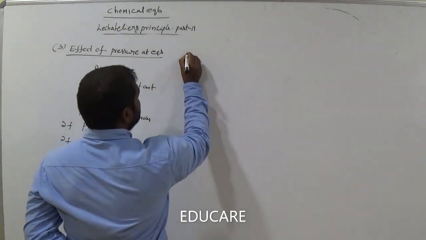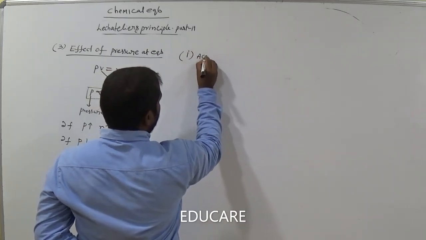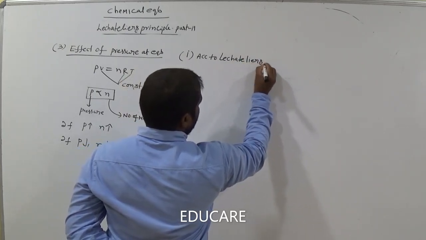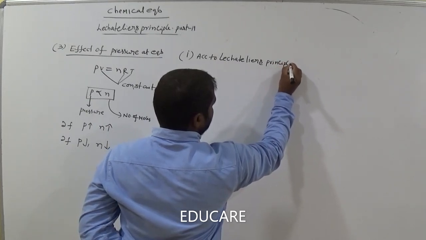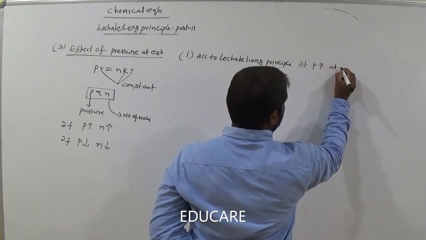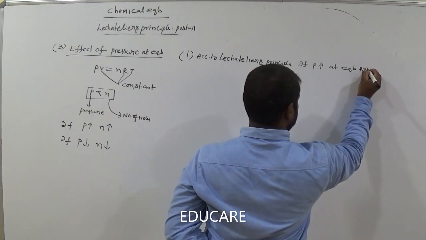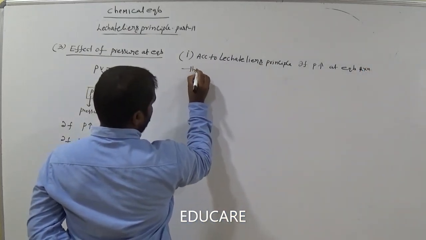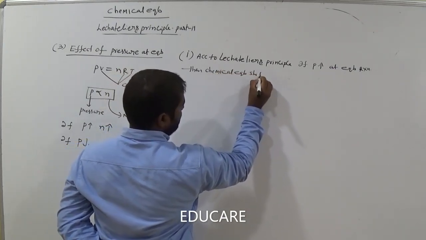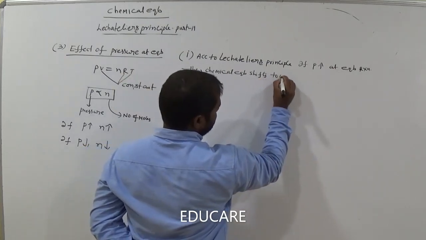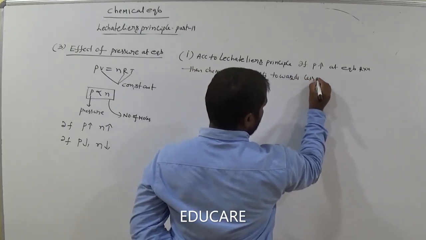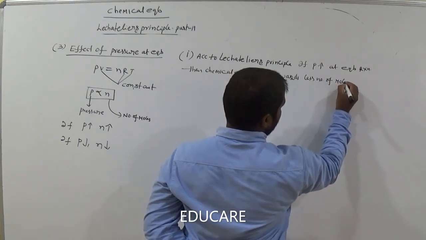According to Le Chatelier's principle, if pressure is high at an equilibrium reaction, then the chemical equilibrium shifts towards the less number of moles side.